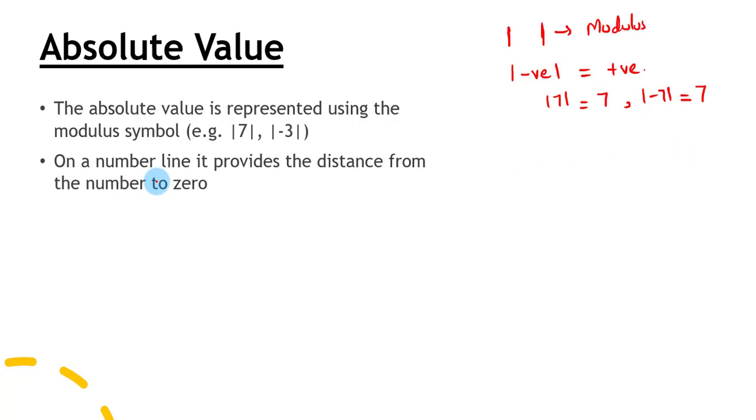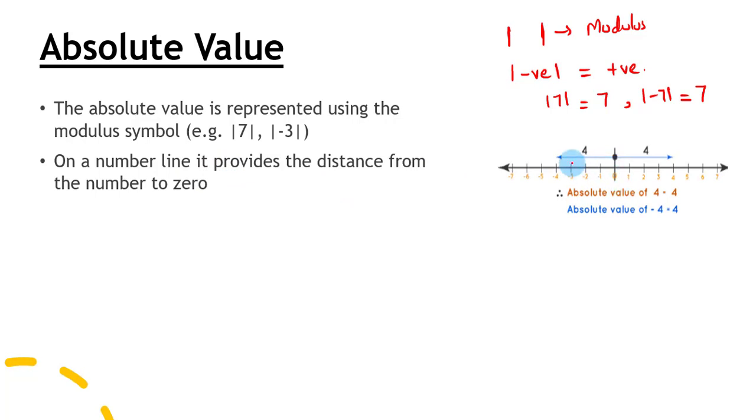Now if you talk about it in terms of the number line, it would only give you the distance from this point 0. Because if you take 4, you have to move 4 units to the right.